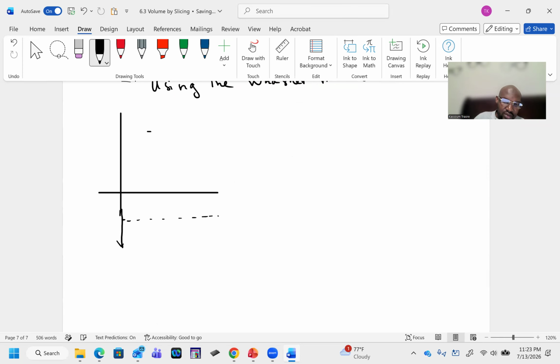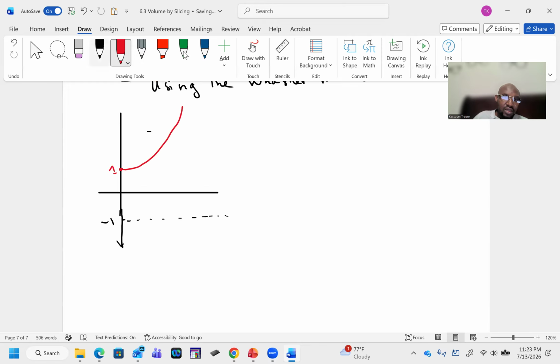So y is equal to -1 would be somewhere here. And if you graph x squared plus 1, so let's say this is 1. The graph of x squared plus 1 is like a parabola, which would be something like this.